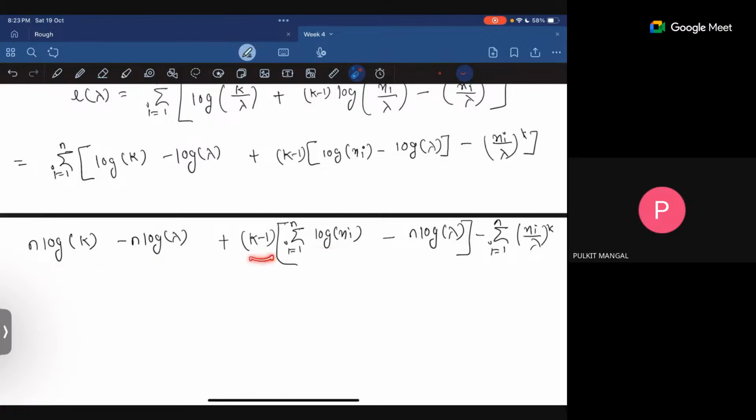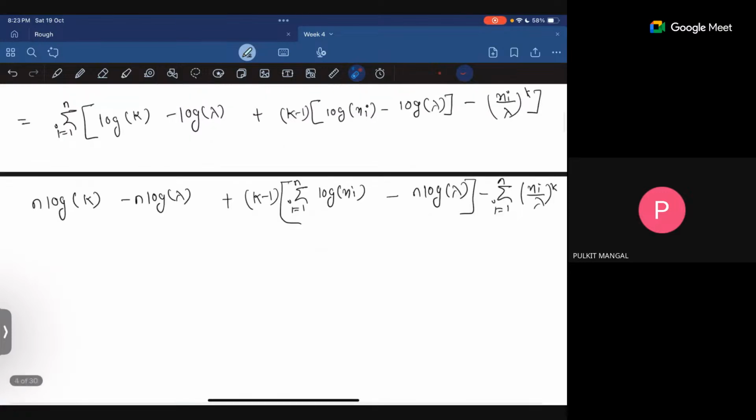So I'm writing k minus 1 summation from i equal to 1 to n log of xi, minus n log lambda, then this term here. Anybody has any doubt till now? Till this part, is it clear for everyone how we are simplifying?